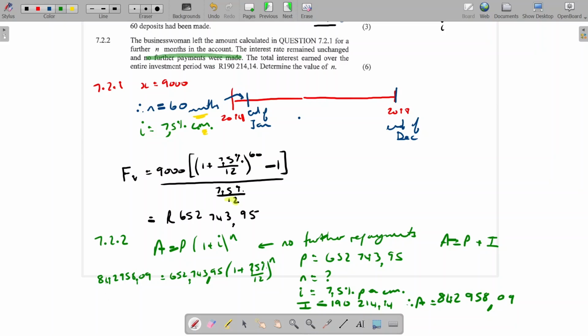So the log base (1 plus 7.5% over 12) of 842,958.09 over 652,743.95 equals n, which now equals 41.044, so 41 months. Okay, and we're done with that question.